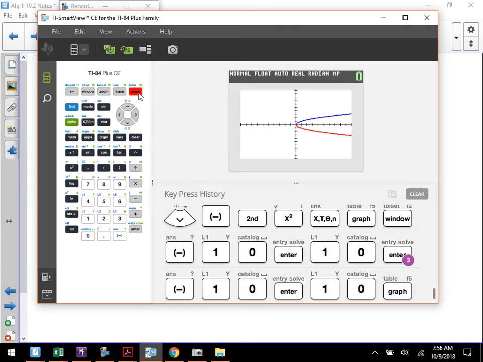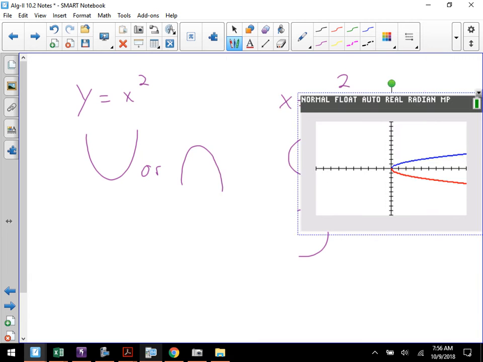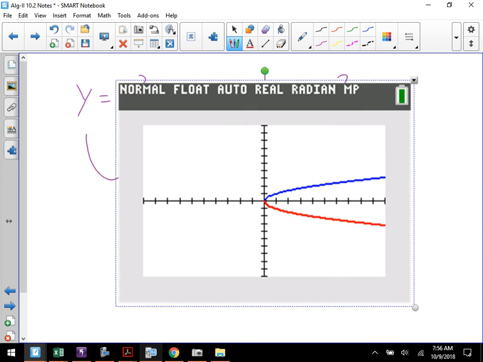If it's positive, which way do you think it's opening? Right. Because positive numbers go to the right, and negative numbers go to the left. Okay. It's going to be fairly simple, but I just wanted to show you guys how this is going to go. Now, let's see if we can figure this out.